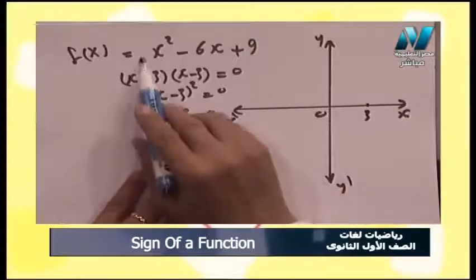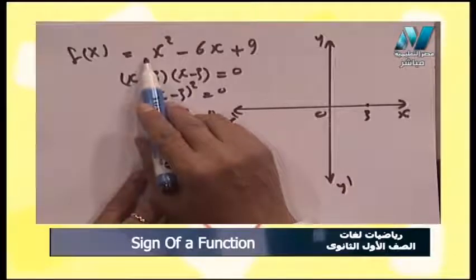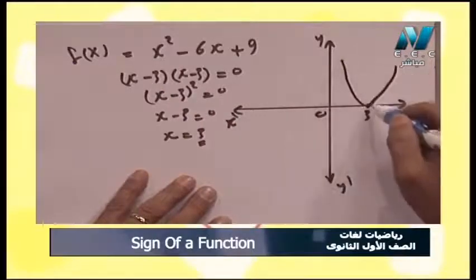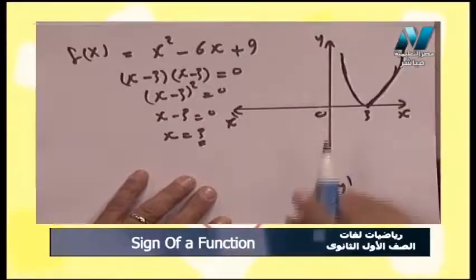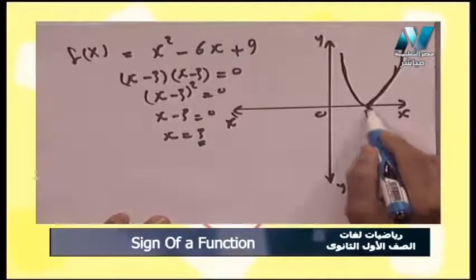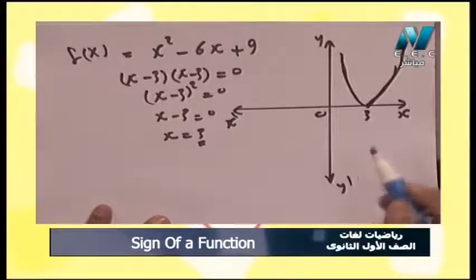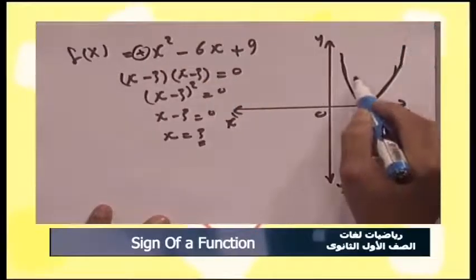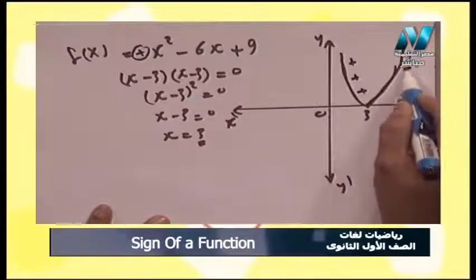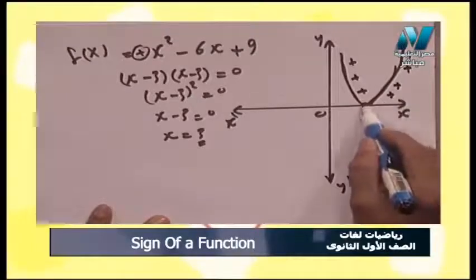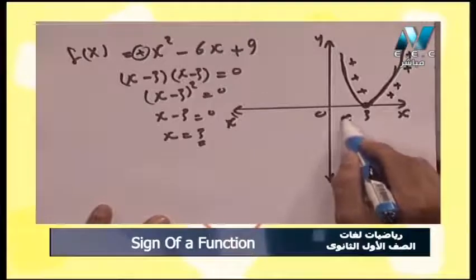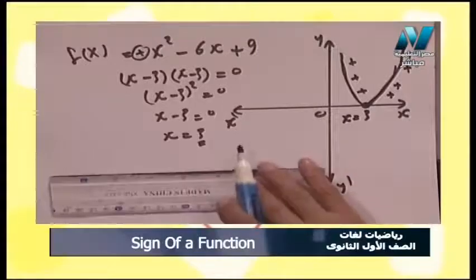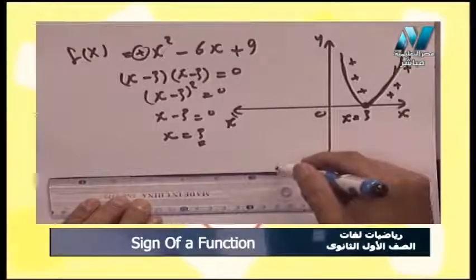The coefficient of x power 2 is positive, so the curve will be upward and touch only here at 3. So here it is positive now. Look carefully. The function will be positive in this part and also in this part, but equal 0 only when x equals 3.